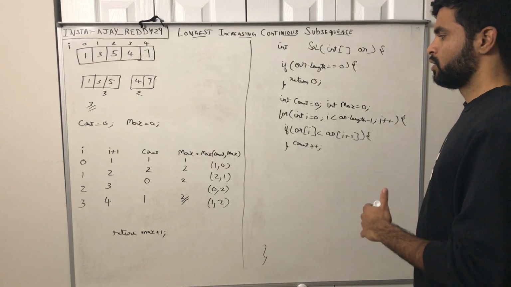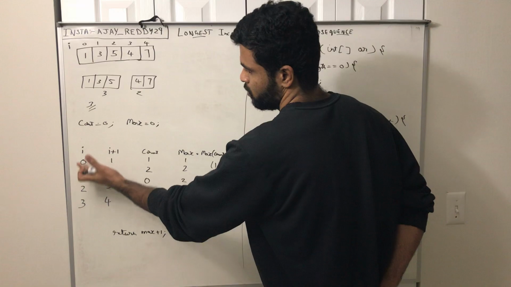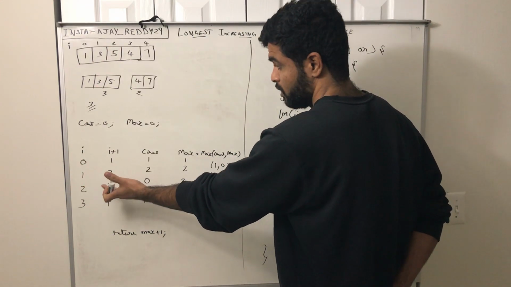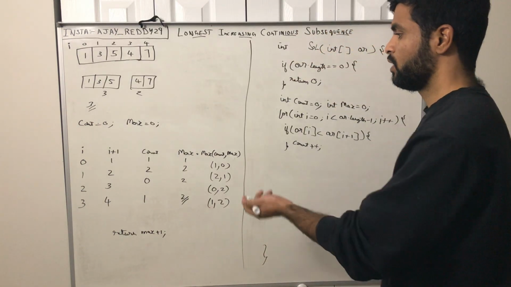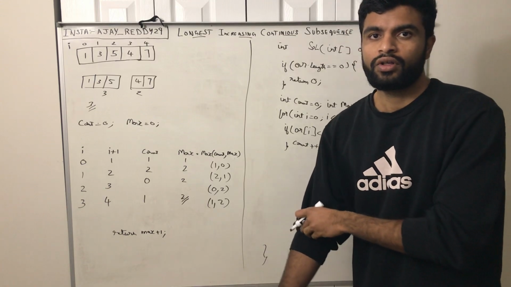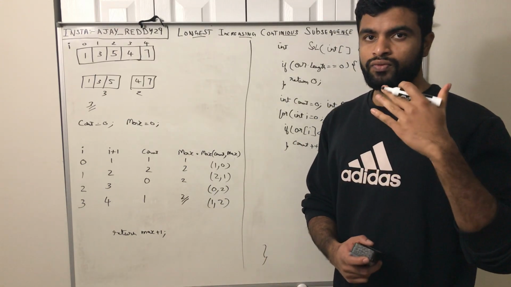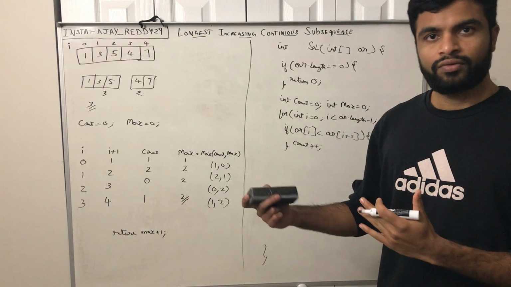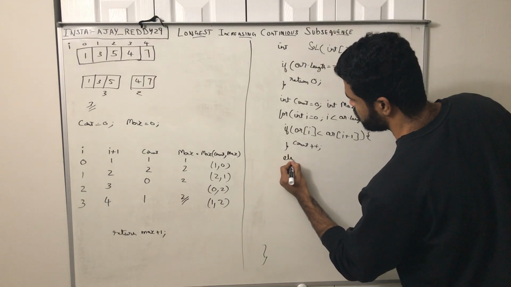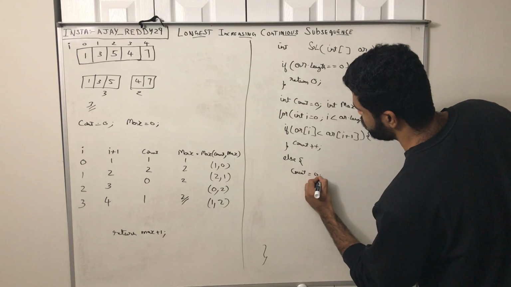Okay, else, so in this scenario, when the ith element is greater than the i plus 1 element, then we are resetting the count. Why? Because it's not in the increasing order anymore. So for that reason I will just reset the count. So count will start incrementing from 0 again in the next iteration. So in the else block I will make count 0.